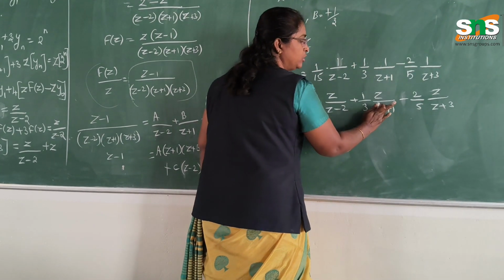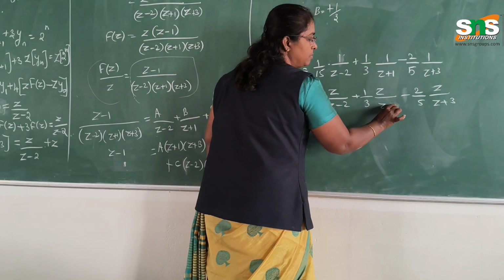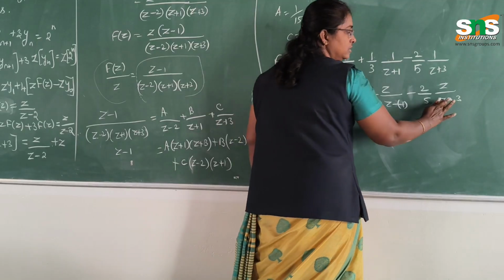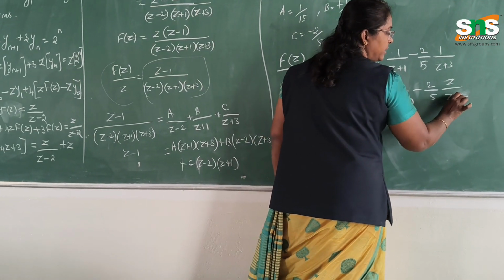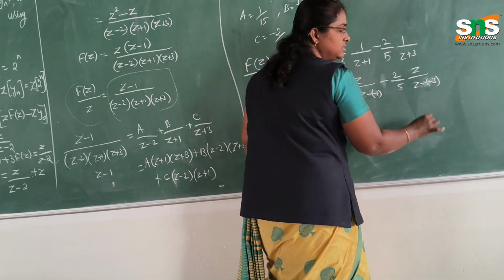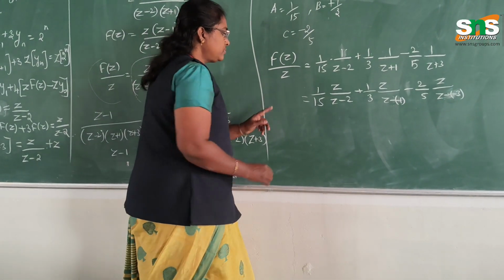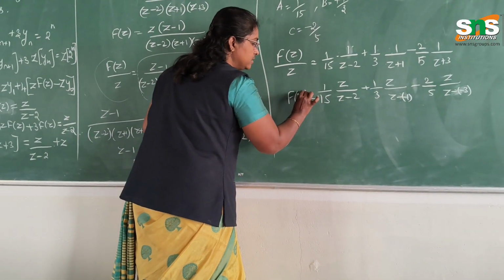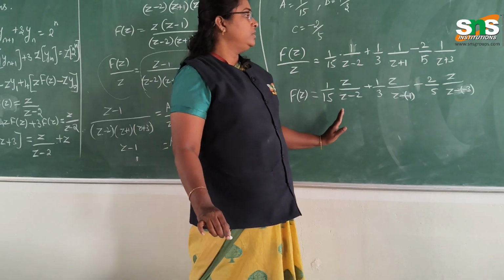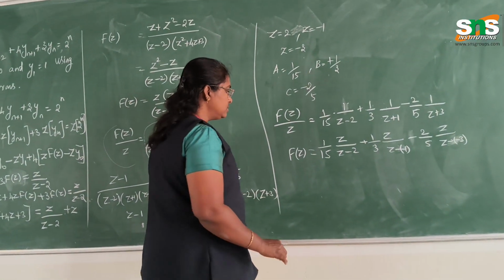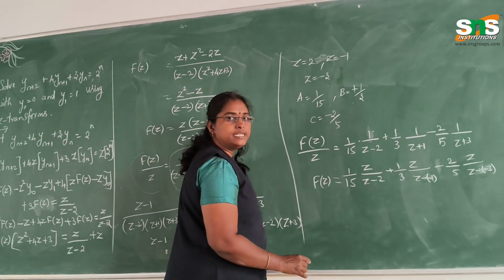And here what I am going to do is, this plus 1 means minus of minus 1, and this plus 3 means minus of minus 3. That is z minus 3, in that concept I am writing. And this is f of z, because this z only we take with the numerator. After this we apply the inverse z-transform.